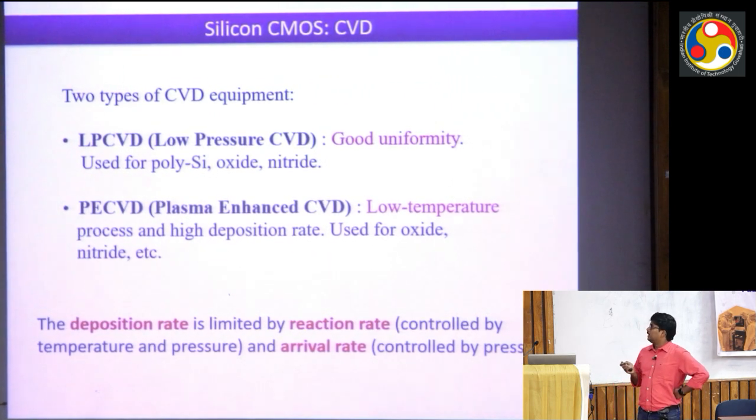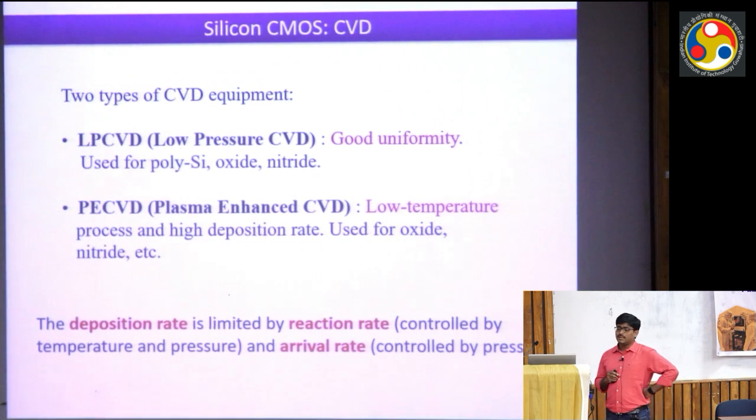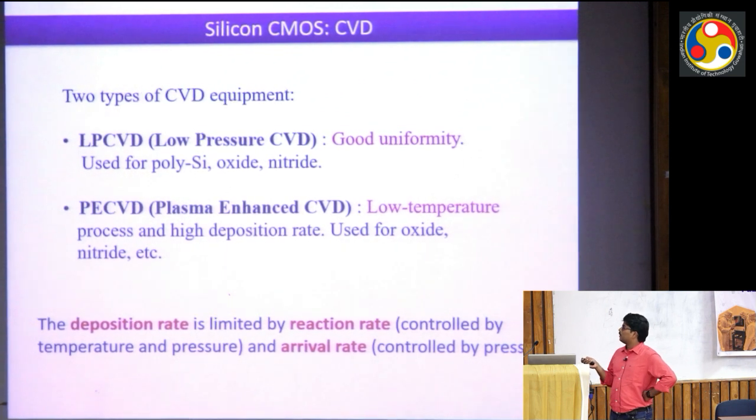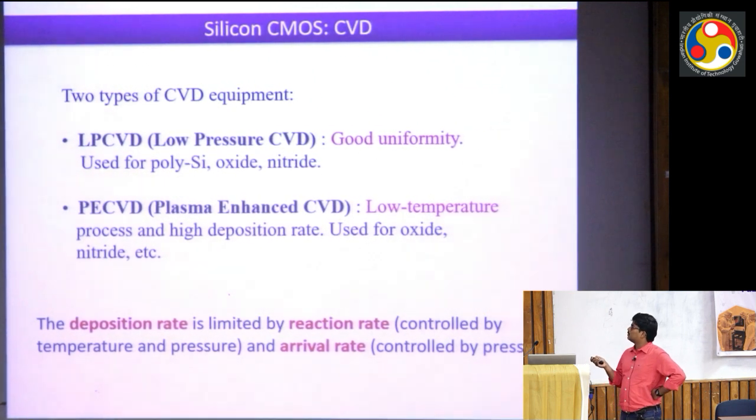So what are the different types of CVD equipment we have in the case of silicon technology? There are broadly two categories: one is LPCVD, another one is PECVD. Again, what are the advantages and disadvantages? You can see quickly that in the case of LPCVD we have good uniformity, but in the case of PECVD the process temperature is low.